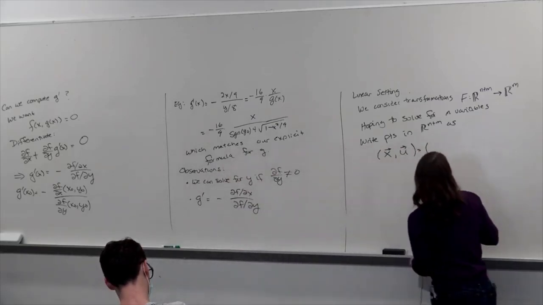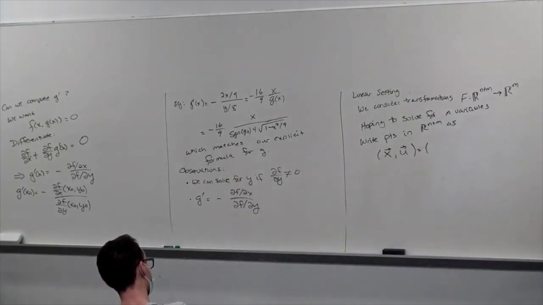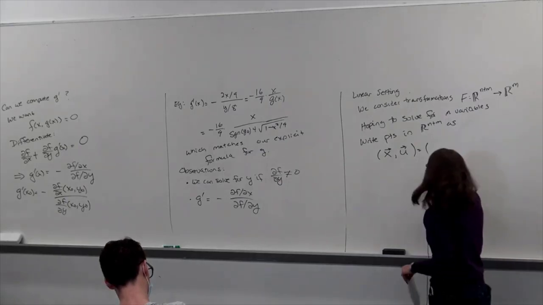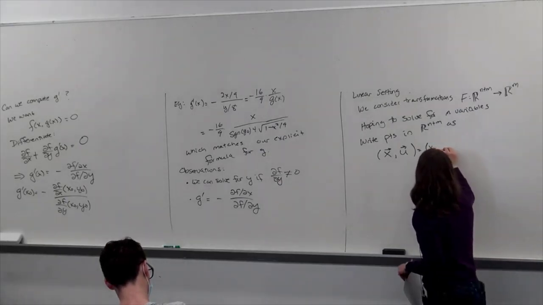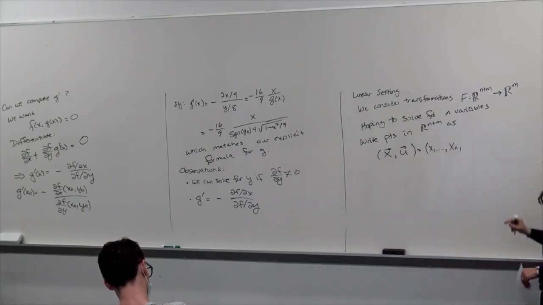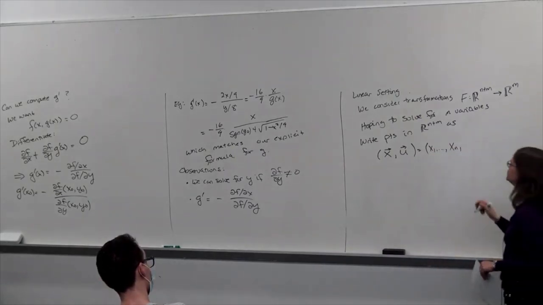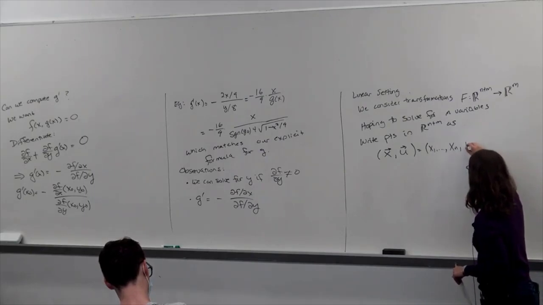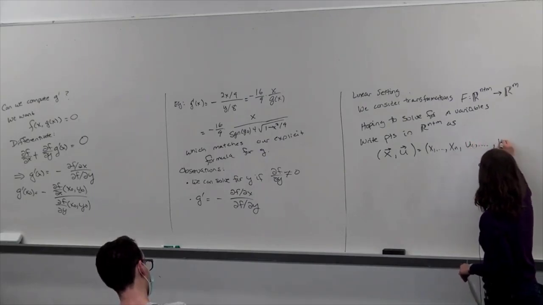Okay, so x, again, are these extra variables that are just hanging out and I'm not going to solve for them. So we had n extra variables. And the u are the ones that I'm going to solve for. And again, there are m equations, so there should be m of these u variables.